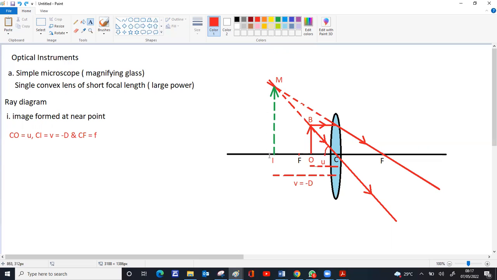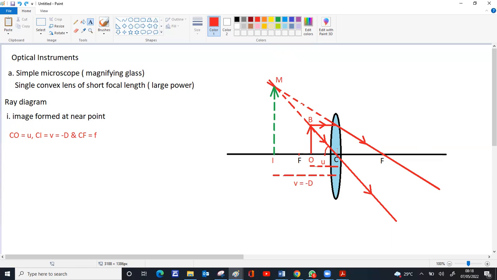The image is formed at the near point; what angle does it make at the lens? The observer's eye will be close to the lens, so the lens will be taken as the point where you subtend the angle.